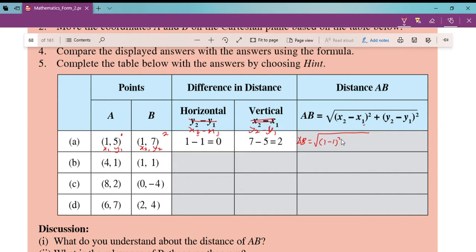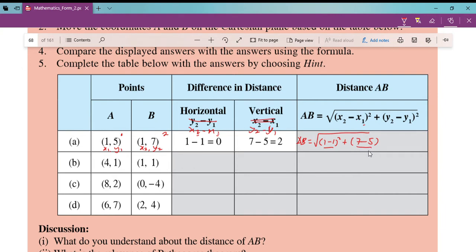We put a square, following the formula, and then plus y2. y2 in this case is 7, y1 is 5, so 7 minus 5. Here is the horizontal distance, and here is the vertical distance.